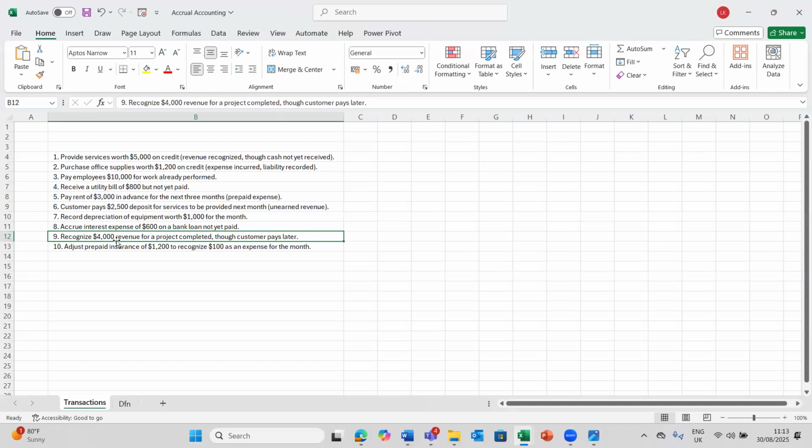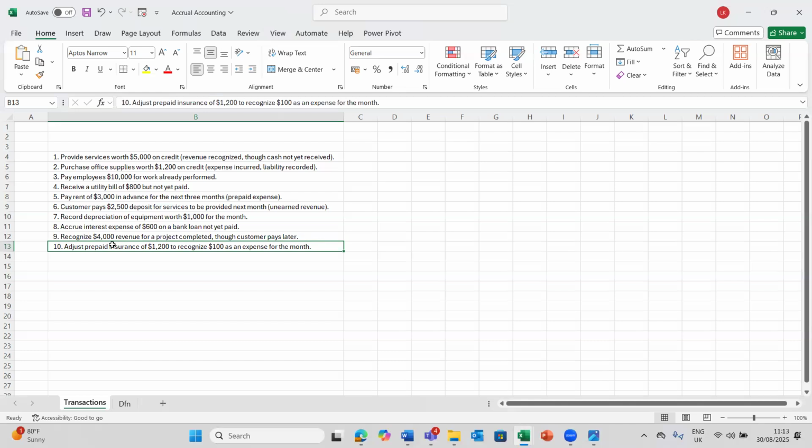The same with adjusting prepaid insurance of 1,200 to recognize 100 as an expense for the month. Normally, like in the case of Malawi, car insurance you can pay for 1 year.